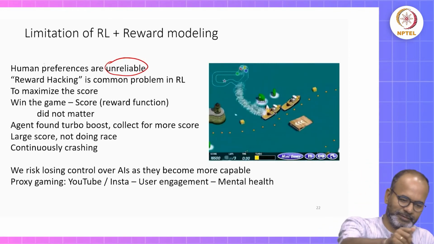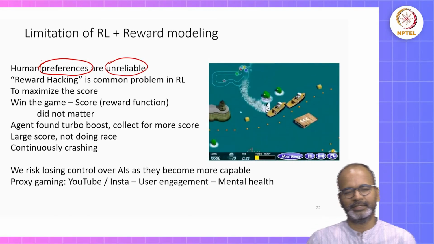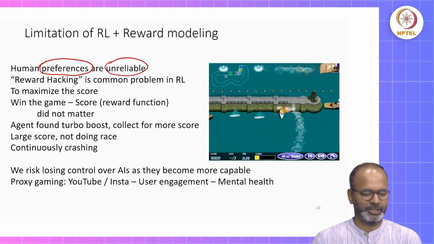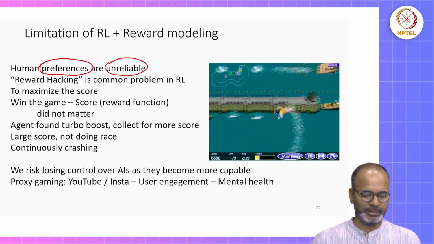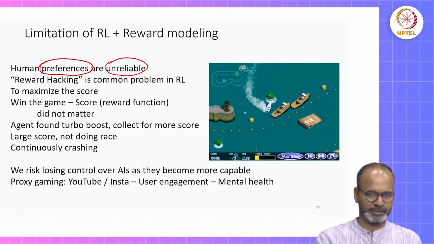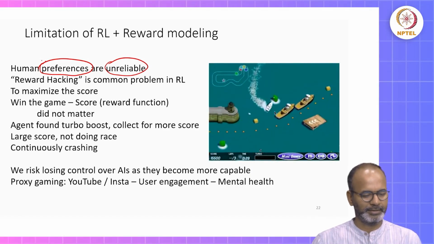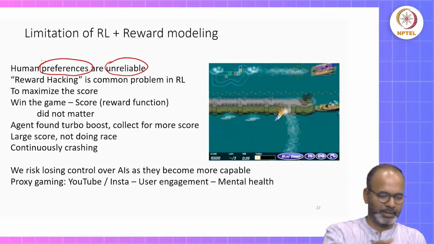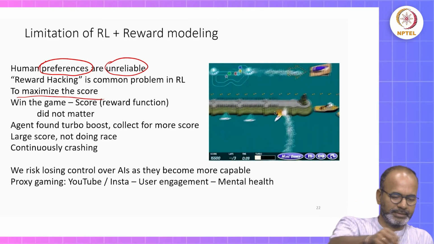Preferences are definitely unreliable. What you want to eat at a given point in time may change. Reward hacking is a common problem in RL. On the right hand side, the GIF is one example for that, but let's get to that in a second.